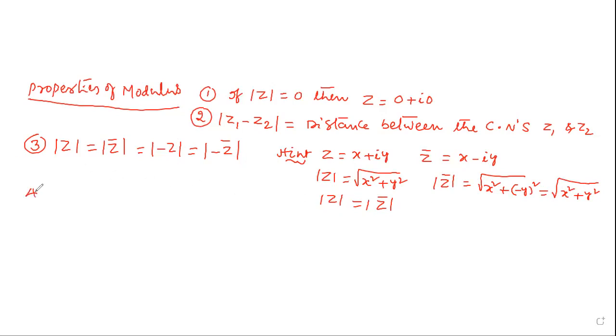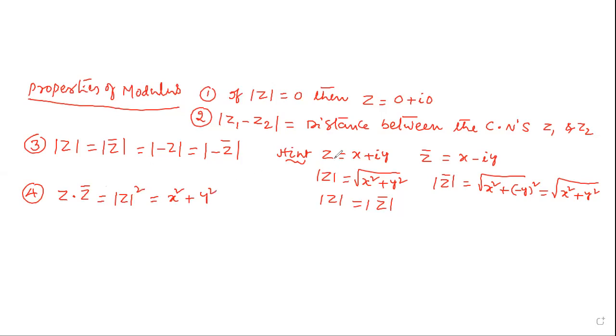Fourth point: Z times Z bar is equal to the modulus of Z squared, which is x² + y².